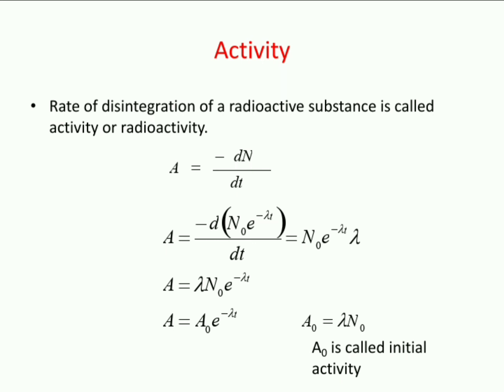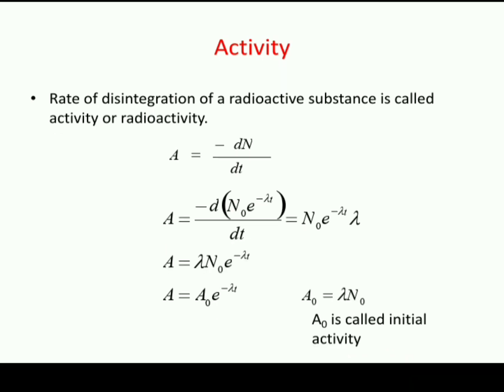Now you can express it in different forms again. Since we know N is N naught e to the power minus lambda T, differentiate it: minus d by dt of N naught e power minus lambda T. N naught is a constant. The derivative of e power minus lambda T is e power minus lambda T into minus lambda. Minus into minus will anyway get cancelled.